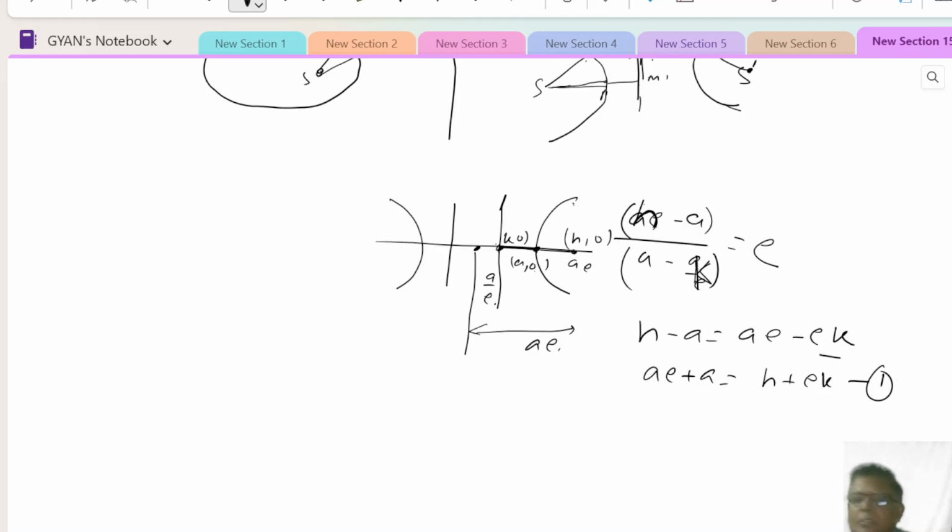Now come to the second equation. This side. So this is minus A. So here to this point and perpendicular distance here to perpendicular distance this one.